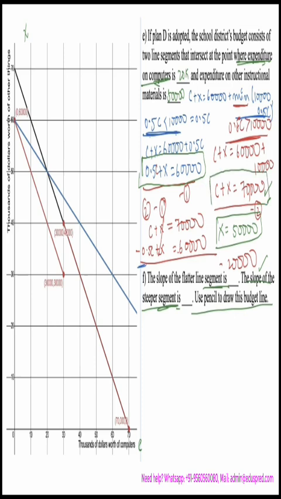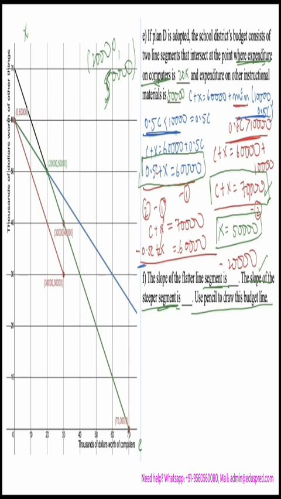And these two line segments are intersecting at the point 20,000, 50,000. So drawing this, this is your point 20,000, 50,000. This green line is your budget line. Clearly, this is your flatter line and this is your steeper line.